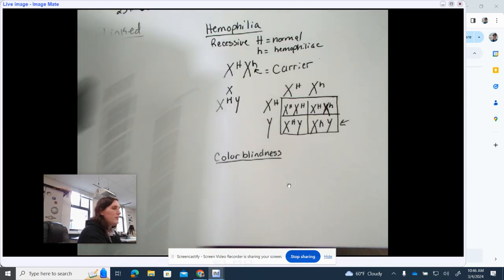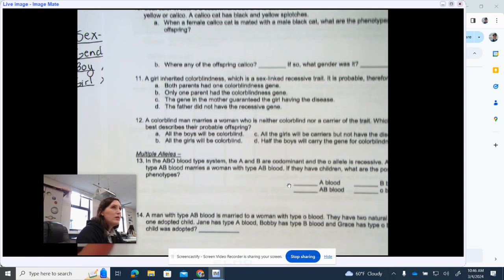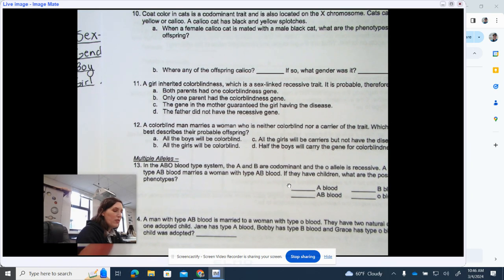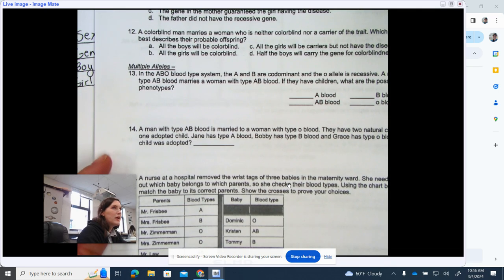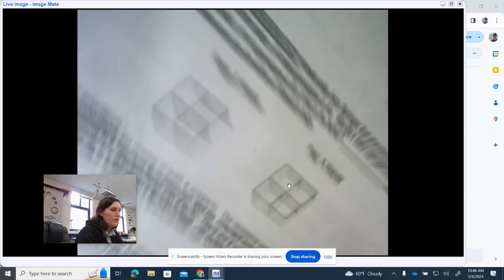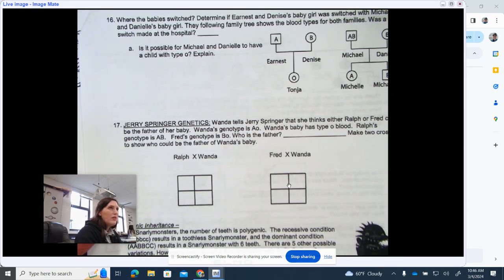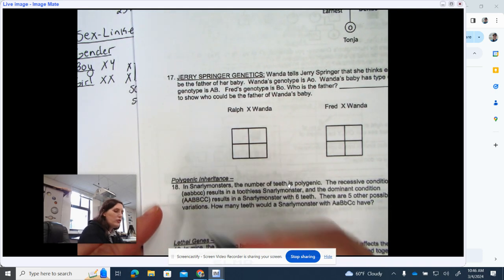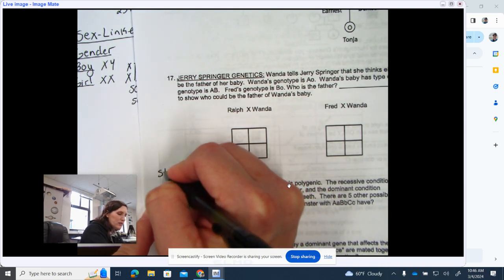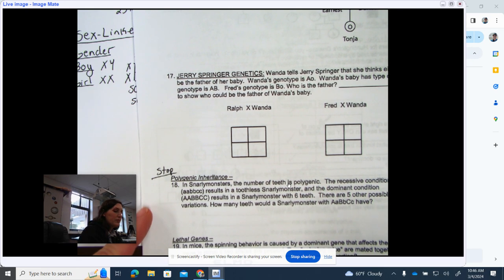Flip it over. You should be able to do 10, 11, 12, and then it goes into the multiple alleles, like blood: 13, 14, 15, 16, and 17. And then you're going to stop, and you do not have to do the polygenetics.